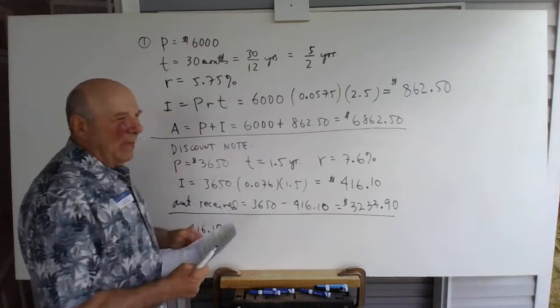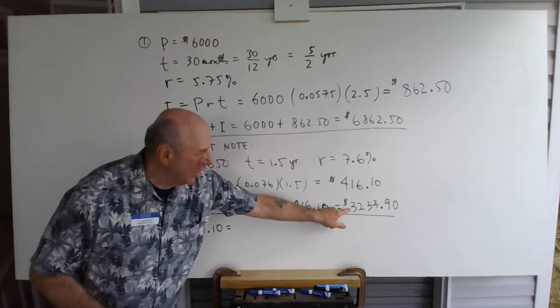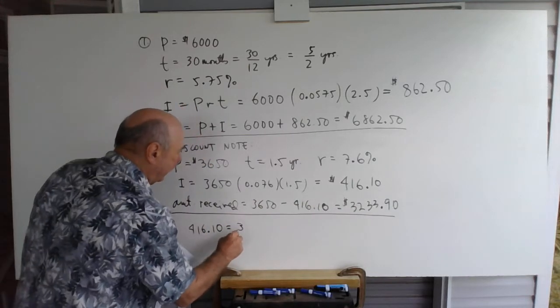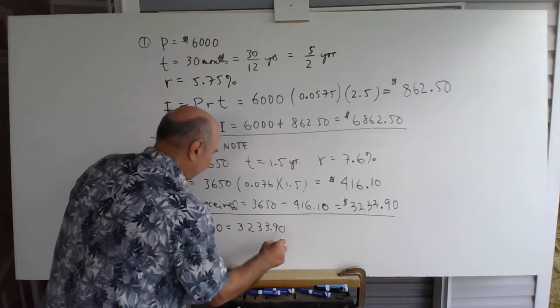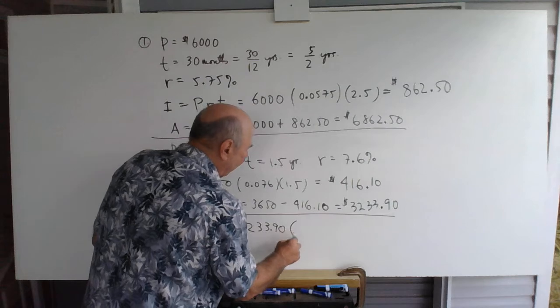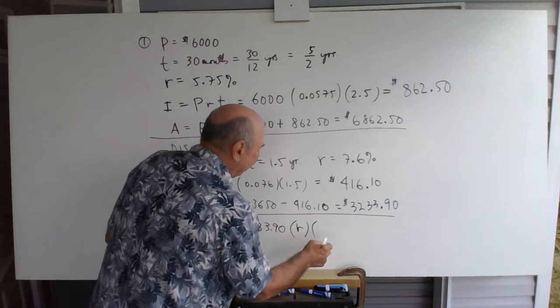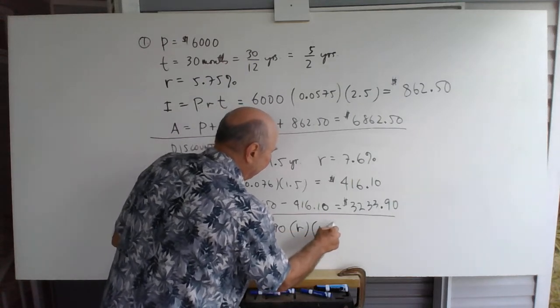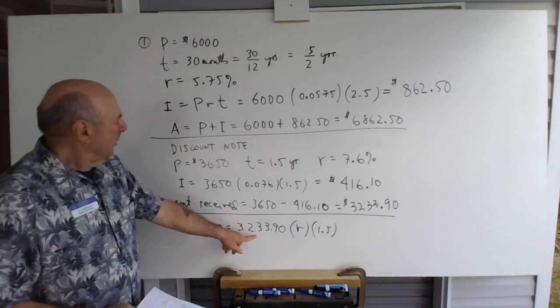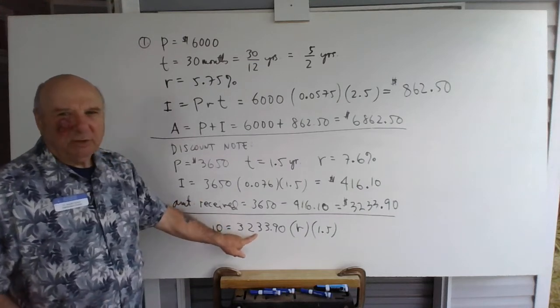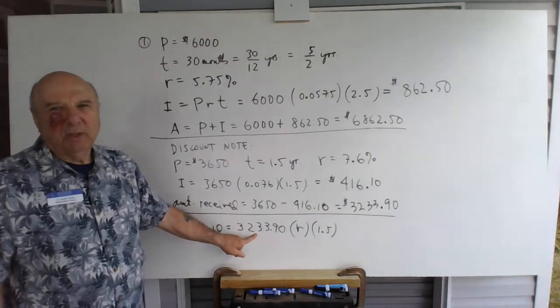The principal, the actual money she took home, that's her actual principal. That's what goes here for P. R is, we're not sure what R is. That's what we're trying to solve. And T is still 1.5. You see, we can't put the $3,650 here because that's not the true principal. That's not what she walked home with.